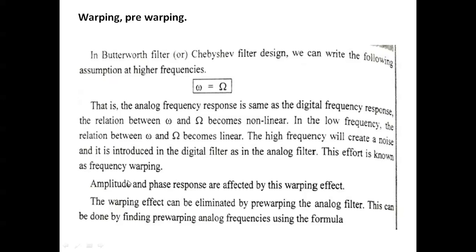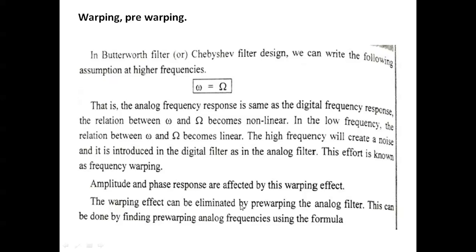Actually, you know that in the low frequency, the relation between omega and omega becomes linear. So high frequency creates noise. So this introduces a digital filter as the analog filter. So the effect is known as frequency warping. The amplitude and phase response are affected by the warping effect.